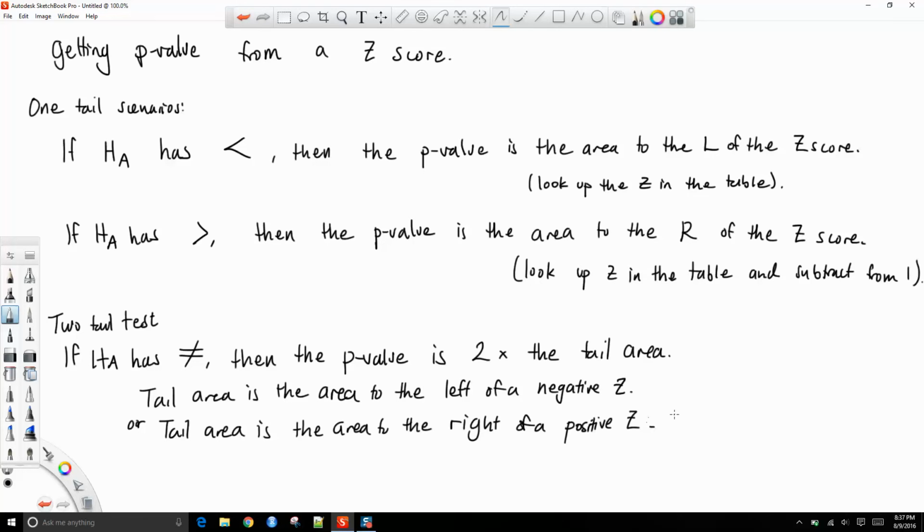So you look up the tail area, either the area to the left of negative z or the area to the right of a positive z, and then you multiply that by 2 to get your p-value if you have a two-tailed test. That's if the alternative has a not equal sign.